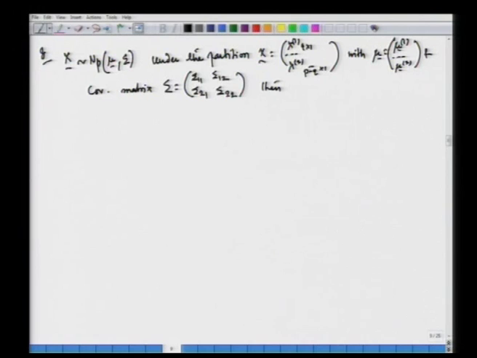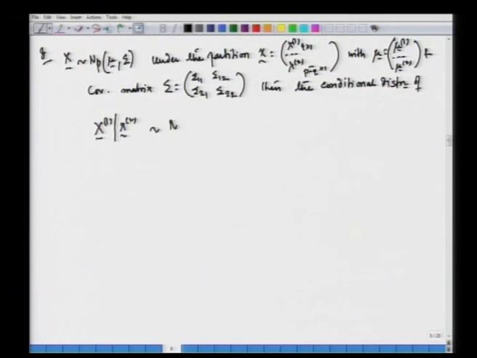Then the conditional distribution of any one part, say x1 given x2, is also a multivariate normal distribution.